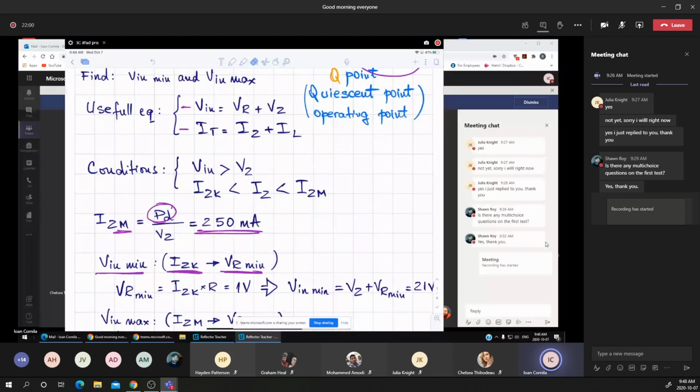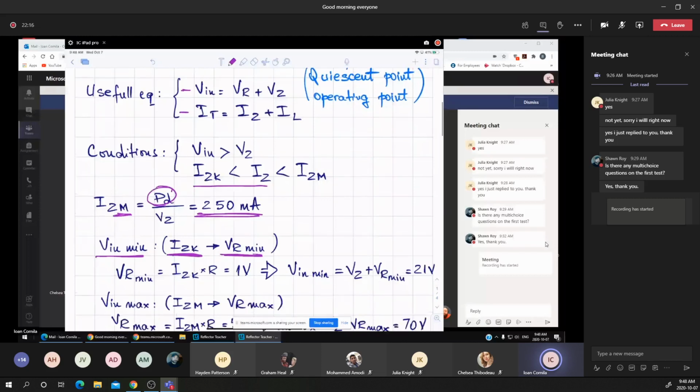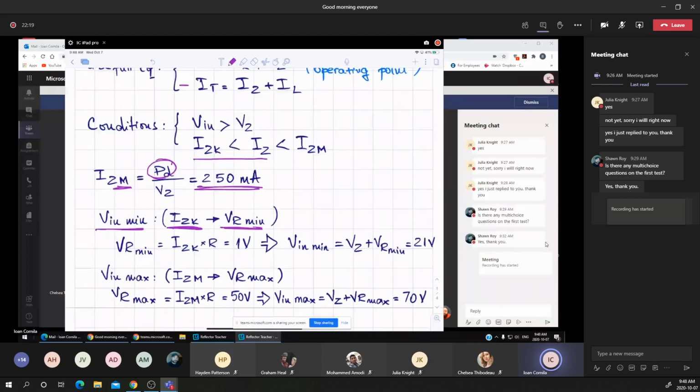You notice that the I_Z, the current that flows through the diode, has to be greater than the I_ZK, which is the minimum current. Knowing the minimum current and the resistance R, we can determine the minimum voltage drop across the resistance R. Using the minimum current I_ZK and the resistance R, we can determine that the lowest voltage drop across the resistance R is 1 volt.